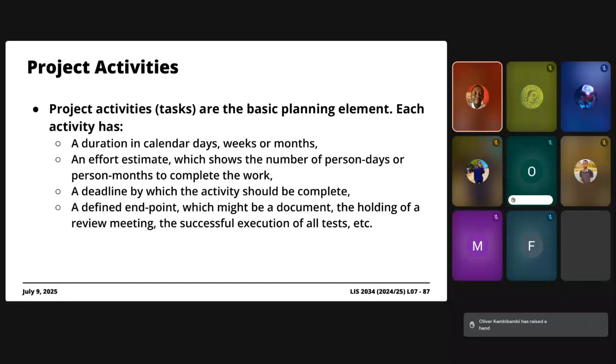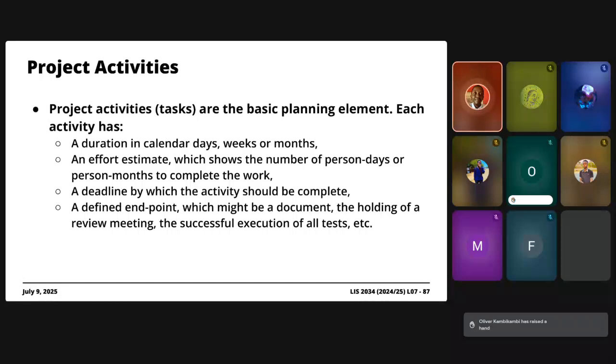Of course, this deadline is tied to the duration, is it? I want to argue, so your duration is the calendar days required. You have the effort, and then you have the deadline, right? By when should you complete this activity?